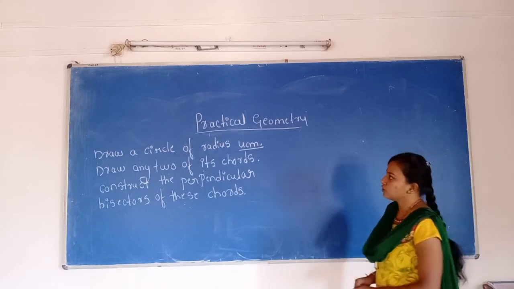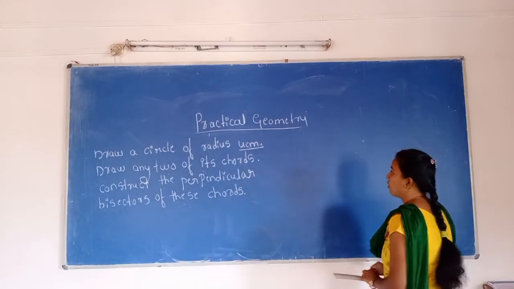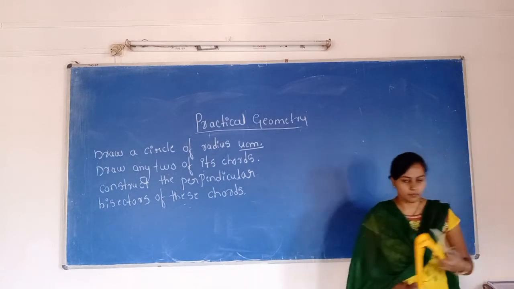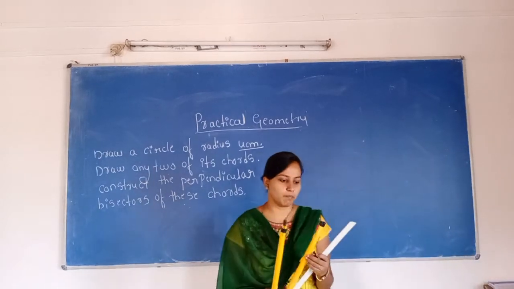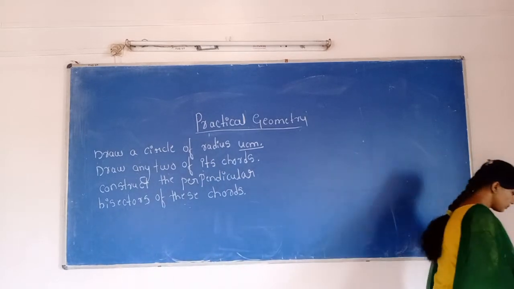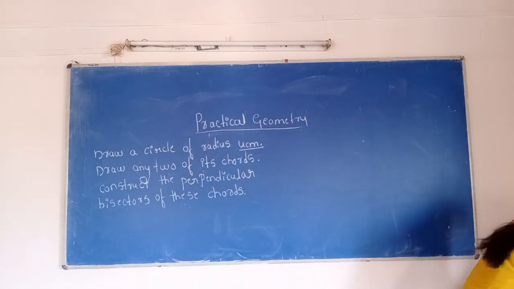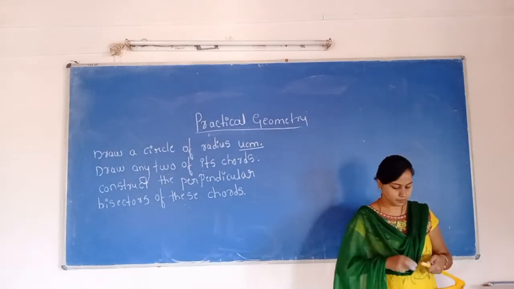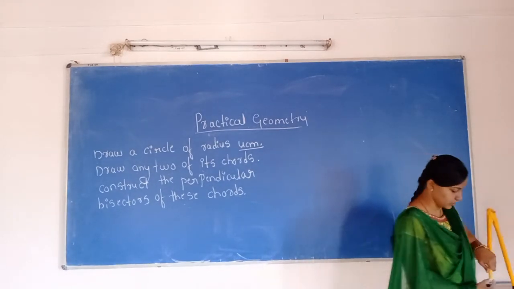First of all, draw a circle of radius 4 centimeter. So using your ruler and compass you have to take 4 centimeters first.